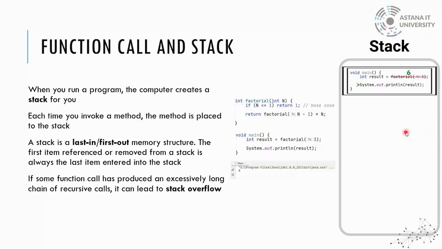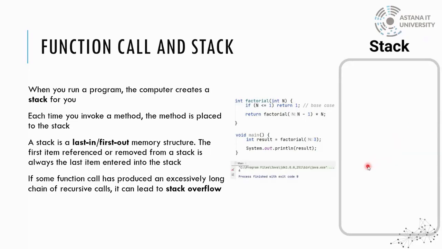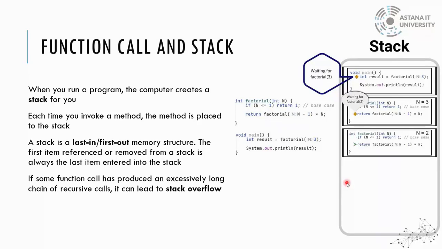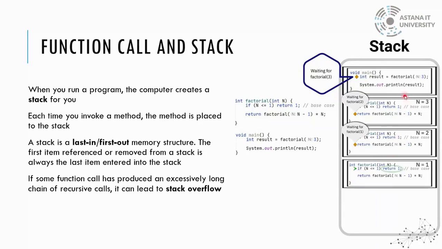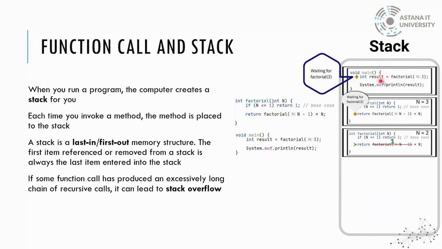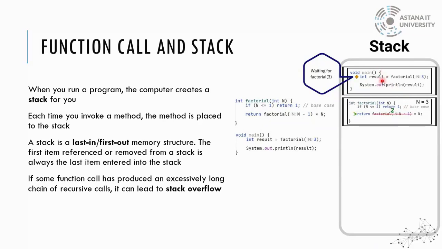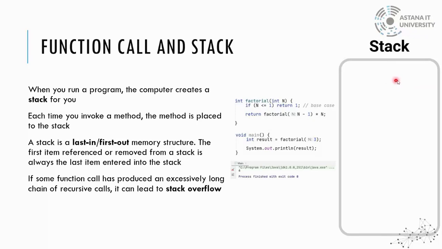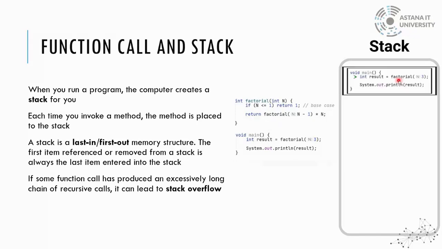This animation is an illustration of what exactly happens when you run the code, which calculates the factorial of 3 and prints it to the console. When you run this code, the main method is invoked directly, where we say that the variable result should store a value which is returned by a function named factorial.